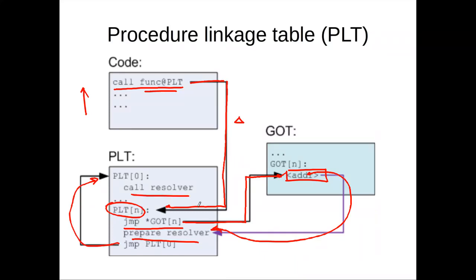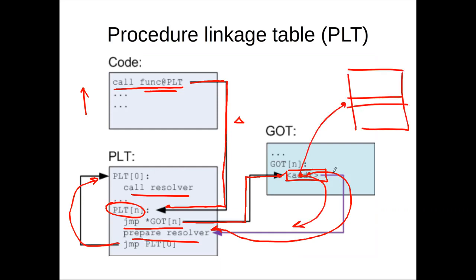The resolver figures out where this function is located, and what do you think it will do? It will patch this address. So the second time you execute this, instead of jumping back here, you will jump directly to the function, which is located somewhere. So the first time you jump back and do the resolution, and the second time you jump immediately to this function, right? Okay.